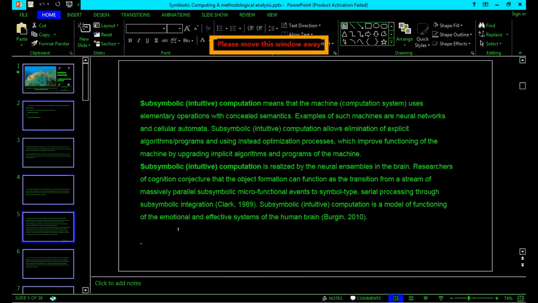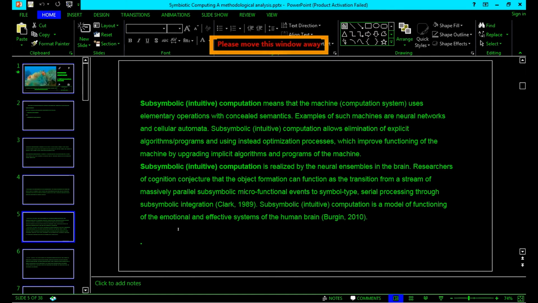However, this is only an illusion because actually there are algorithms, for example, for functioning of neural networks. Only these are implicit algorithms that are determined by different functional parameters of artificial neurons.